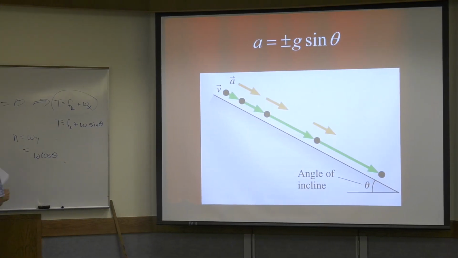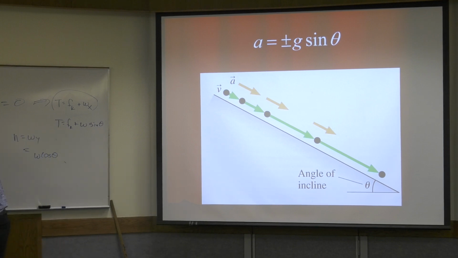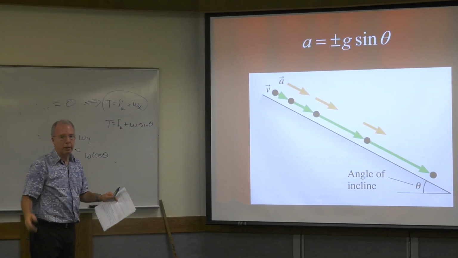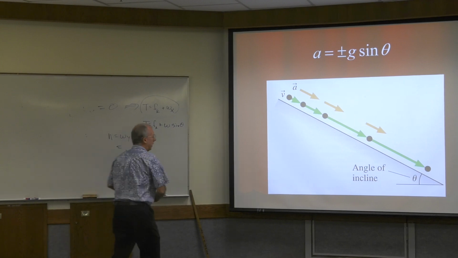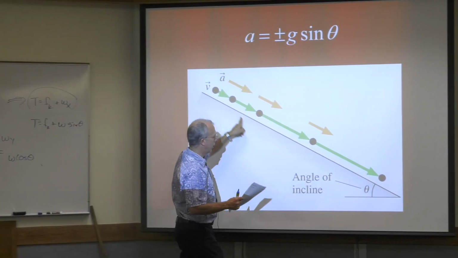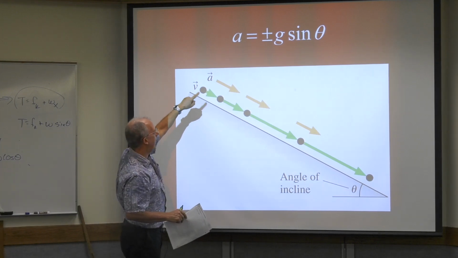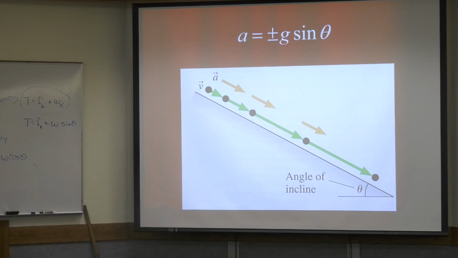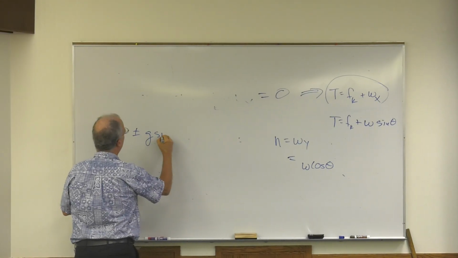If I drop something, the acceleration is just g, 9.8 meters per second squared down. But what if something is sliding down a slant? Well, it's obviously going to be less than that. And so here it is: g sine theta. So a is plus or minus g sine theta.